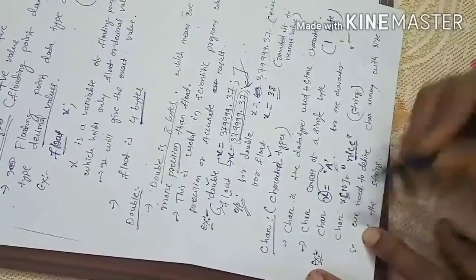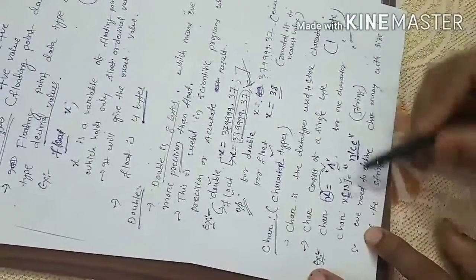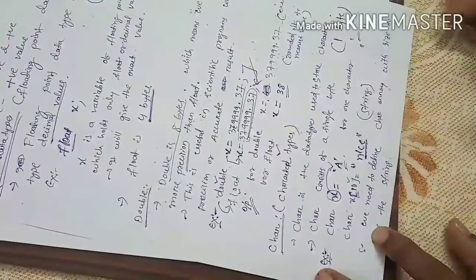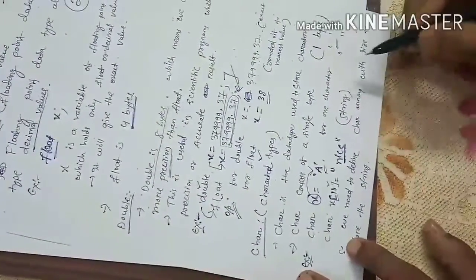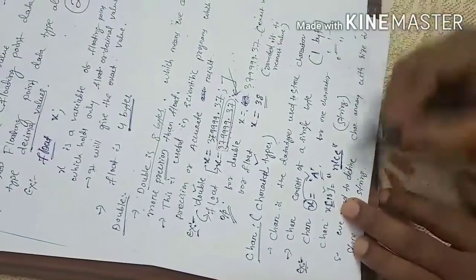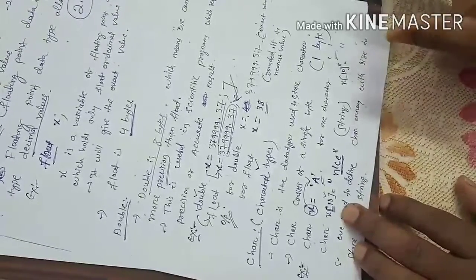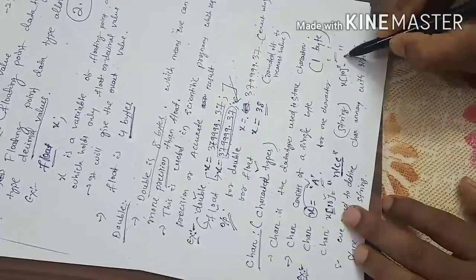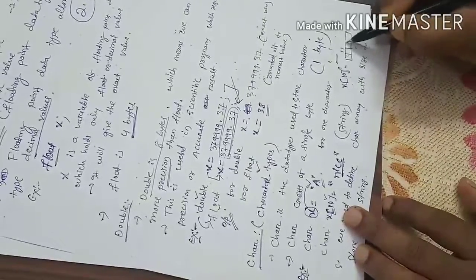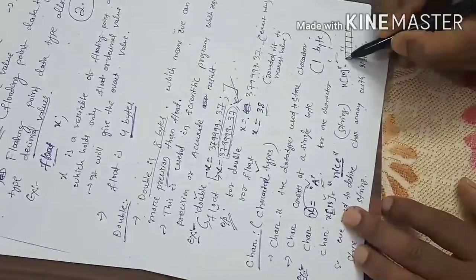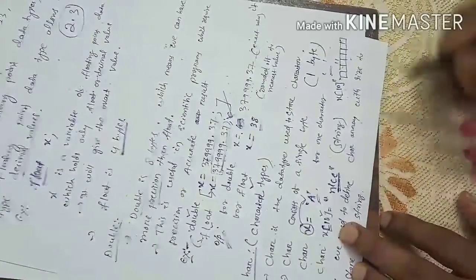We have to define an array for this. What is array? I will tell you next. x[10] means it will create the memory location up to 10 spaces of place to store the character.